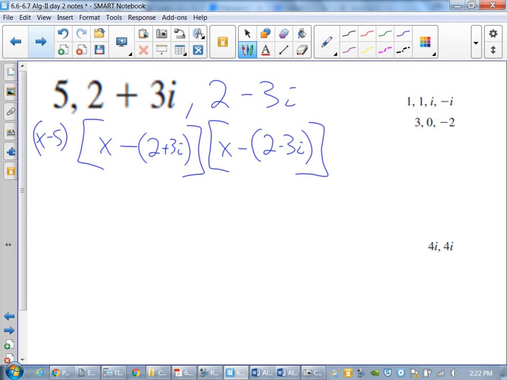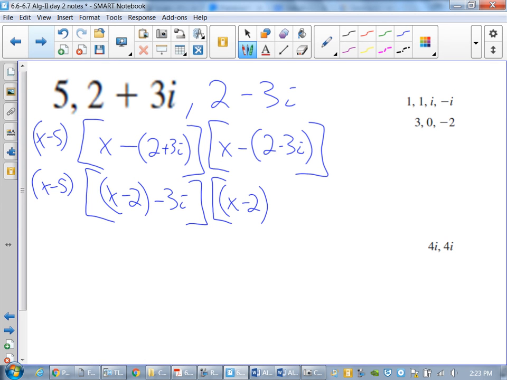The associative property tells you basically you can move your parentheses around and it doesn't change the solution. You can do the exact same thing here. Watch what happens. I'm just going to bring this x minus 5 along for the ride. I'm going to get x minus 2, and distribute my negative, I get minus 3i. Do the same thing. I get an x minus 2. Distribute the negative, and I get a plus 3i.